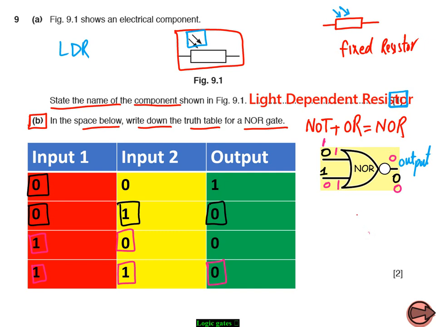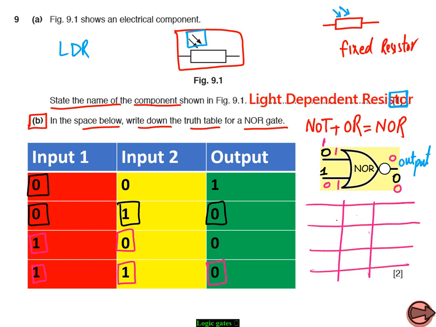So if we understand the OR gate, the NOR gate is just an inverter, meaning all the outputs will be opposite. Let me explain to you here. In the OR gate, we can do a comparison. So here, let's say input 1, and here is input 2, and here is output.